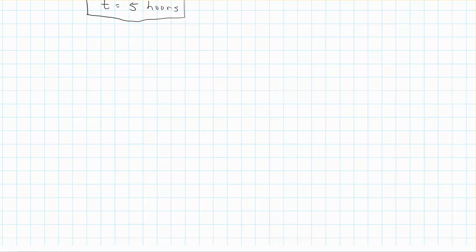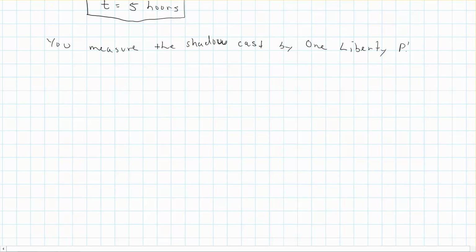So let's look at this one here. We're going to start off with: you measure the shadow cast by 1 Liberty Place, located in Philadelphia, and find it to be 105 feet long.